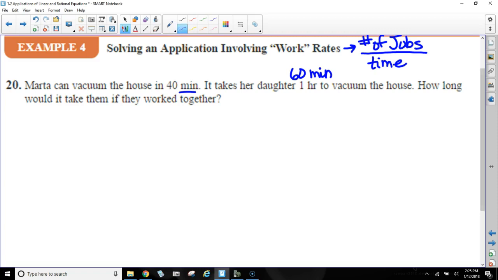Okay? So we're going to express the rate of Marta. She can vacuum one house in 40 minutes. Her daughter's rate is she can vacuum the one house in 60 minutes. And so when they work together, they're going to be able to vacuum the one house in x minutes.